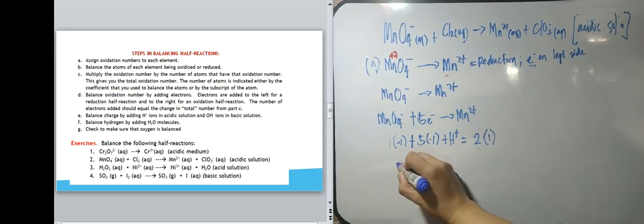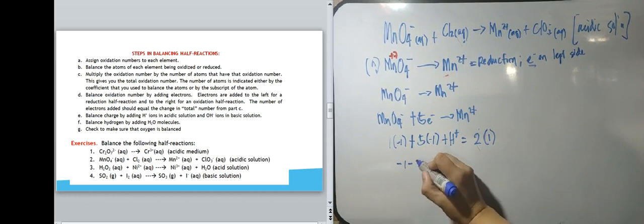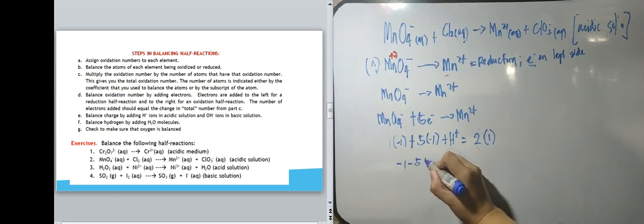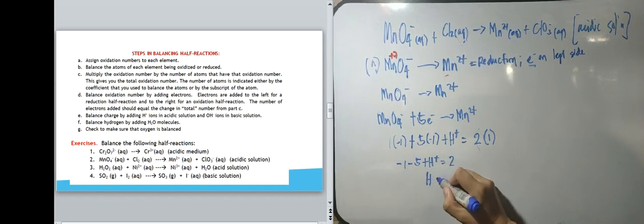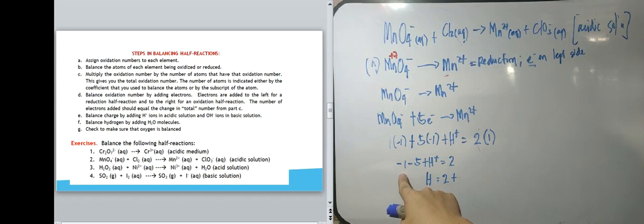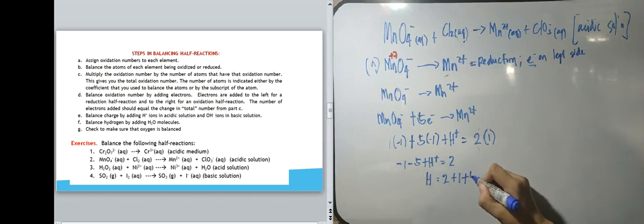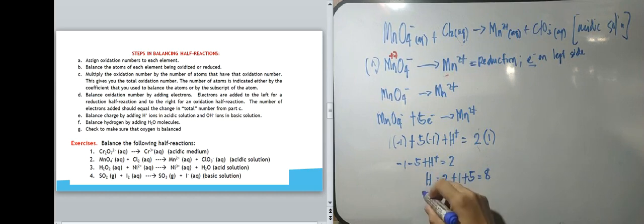So, negative 1 minus 5 plus H plus is equal to 2. So, H plus is equal to 2 plus 1 plus 5, so 8. So, we need 8 hydrogen.